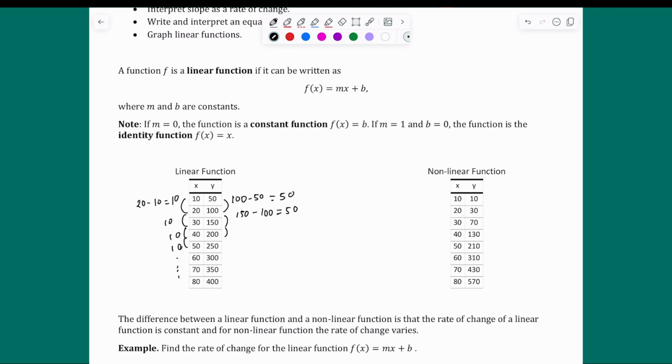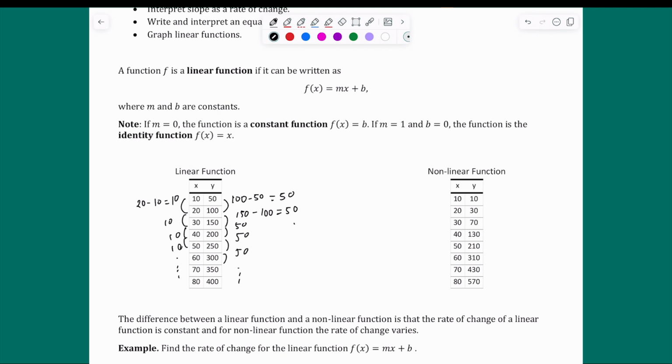And if you keep on doing this, you'll see that the y values are changing by 50 each time. Okay, and so for a linear function, if we're increasing by the same amount, in this case by 10, we notice that the change in y is also changing by the same amount. In this case, it's positive because it's increasing.